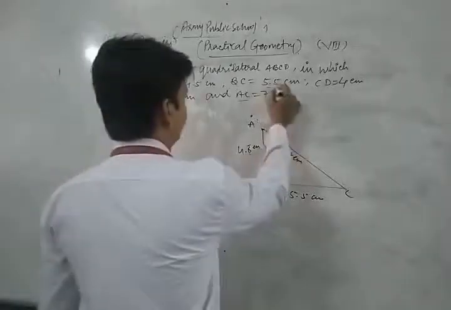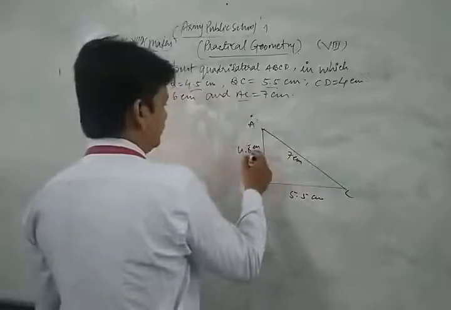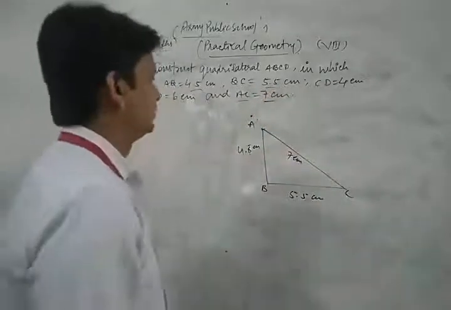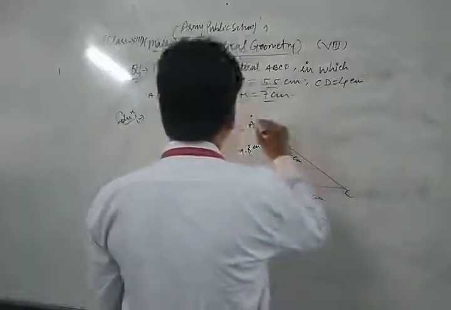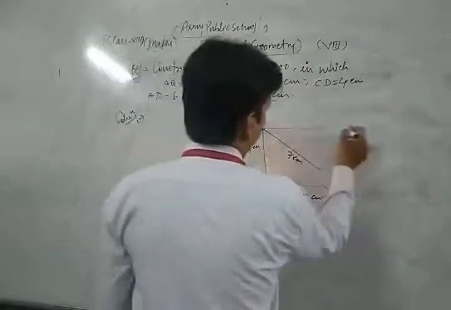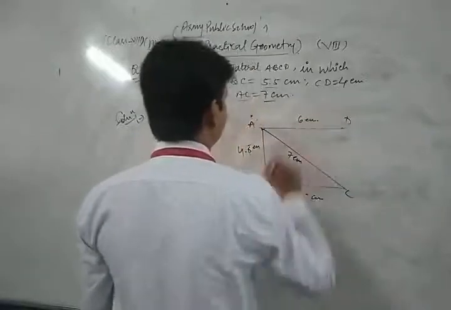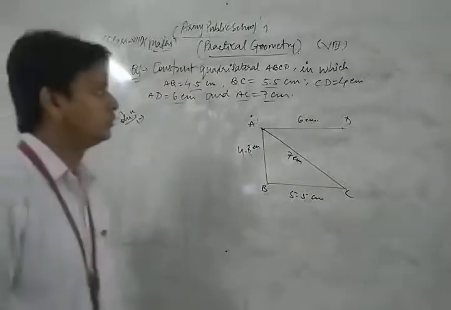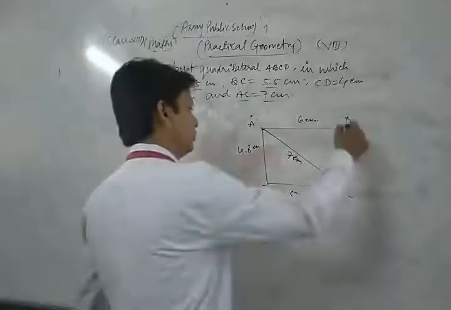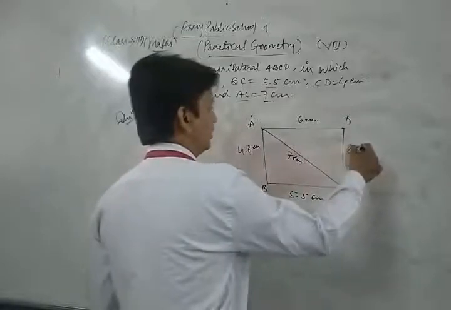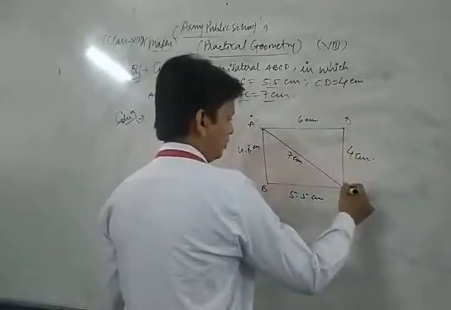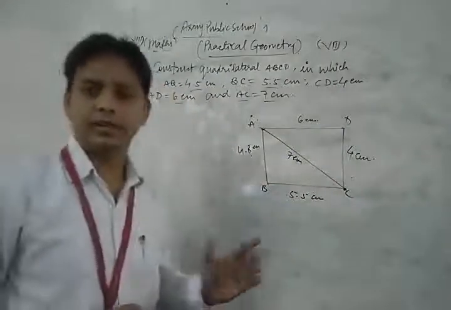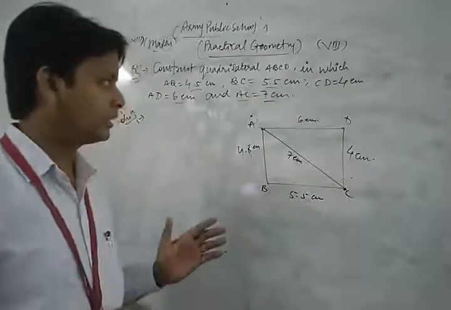Suppose D is here, so AD is given as 6 centimeter, and CD is 4 centimeter. This is the rough diagram of your quadrilateral ABCD.